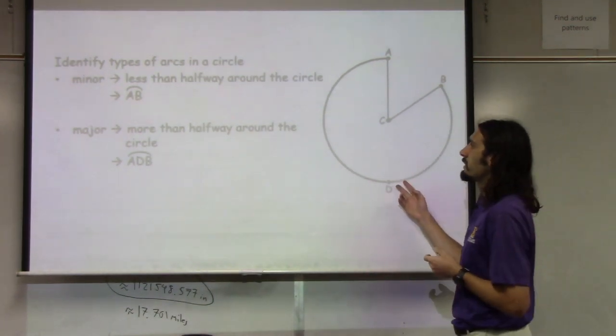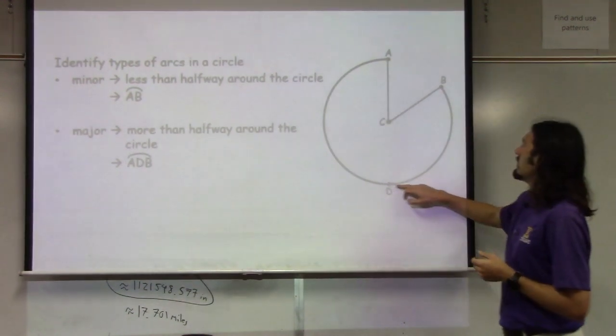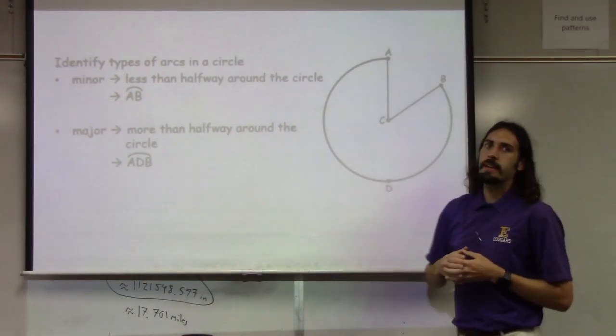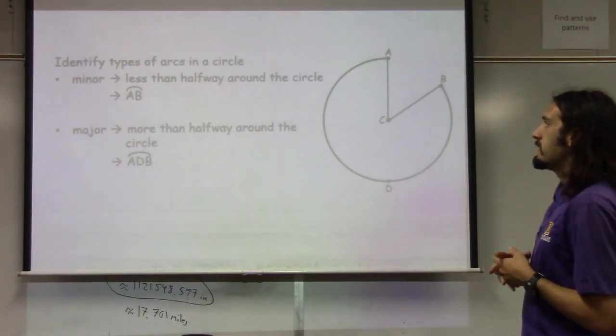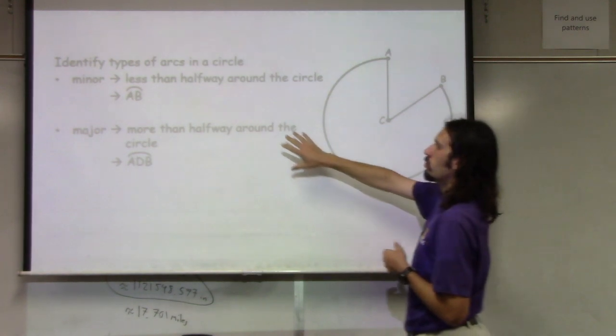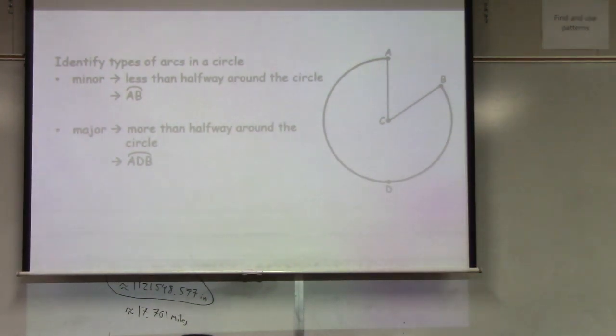And so in the case over here, I know A has to come down here to D, D has to come over here to B. And so that is just a convention that we use. What that means is all major arcs will need 3 letters in their name, and all minor arcs will only need 2 letters in their name.